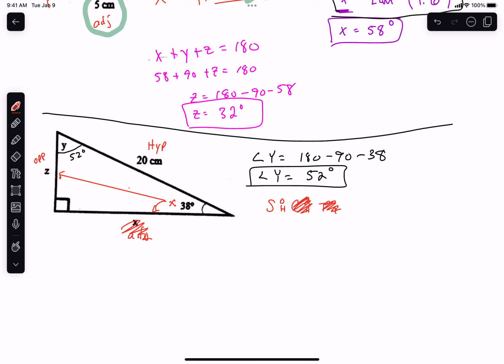Everyone agree? Which only leaves one option. What is it? Sine. So I'm going to write the sine of theta is going to equal opposite over hypotenuse. And then I'm going to fill in the information that I know. What information do I know?